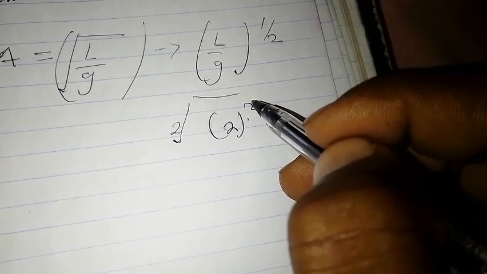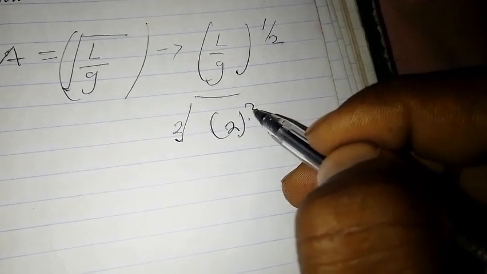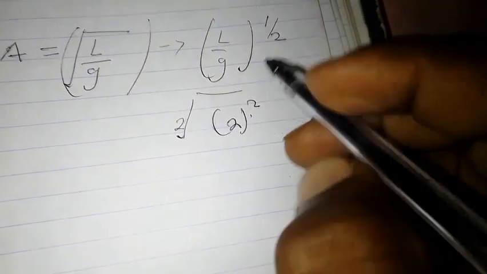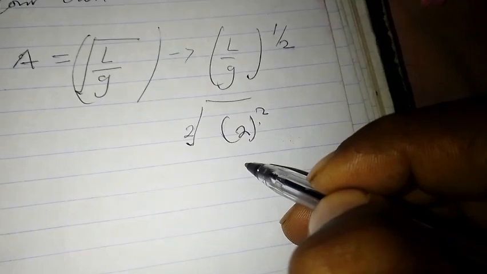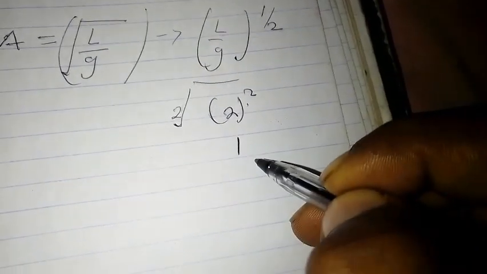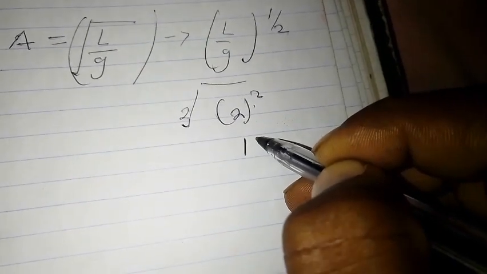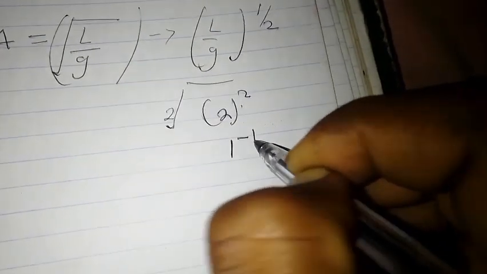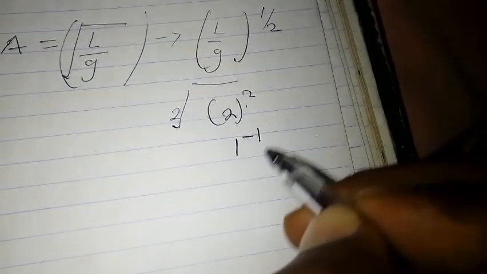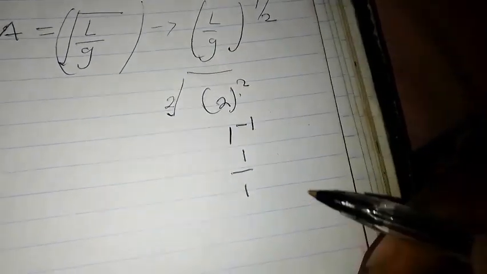if it's like, let's say 1, I don't know how to explain this, but I'll try. So if you have 1 raised to the power negative 1, it is equal to 1 over 1.